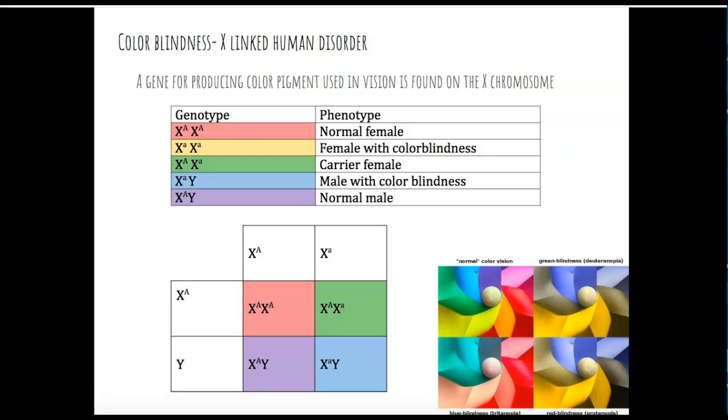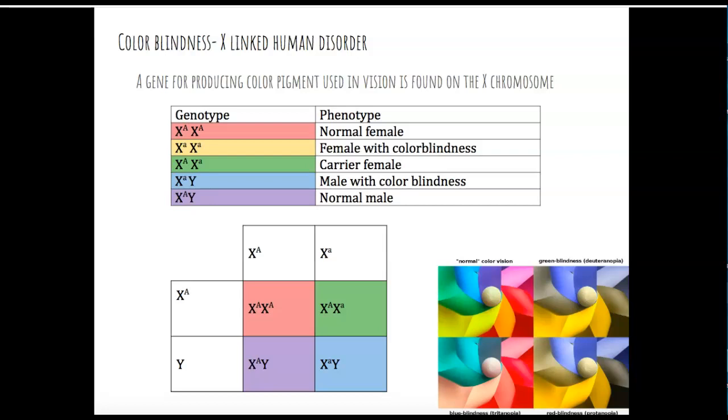A male that has an X chromosome with a big A allele and then a Y chromosome will have normal vision. And so X-linked disorders are more common in males than in females because females have that extra X chromosome that can act as a buffer to protect that person from possibly having that disorder. They have two chances of having a good allele, whereas males only have one chance.